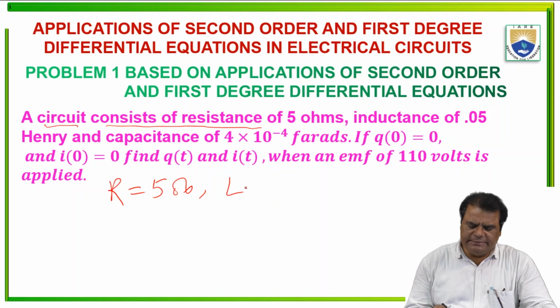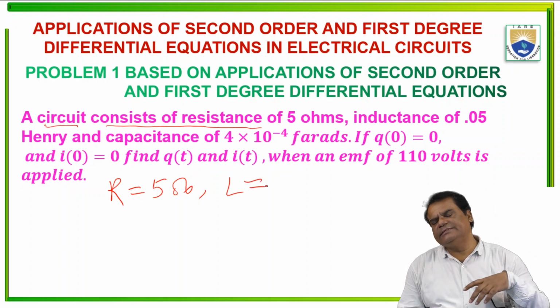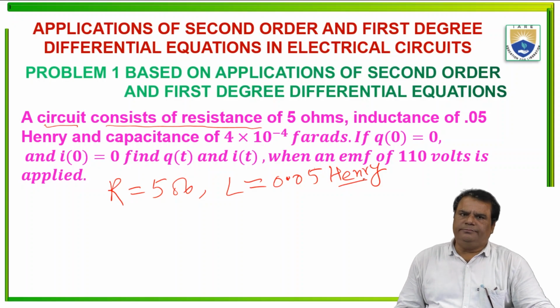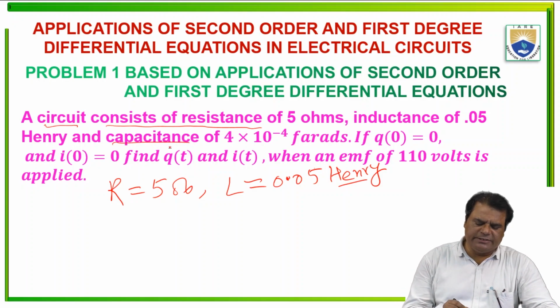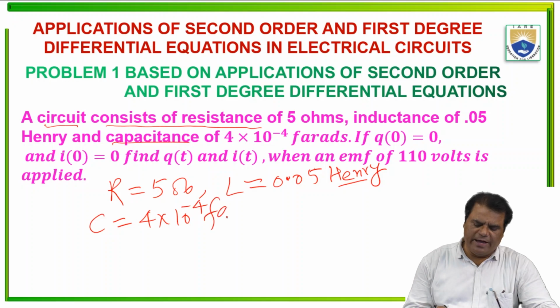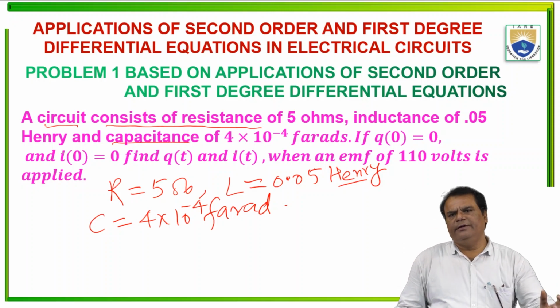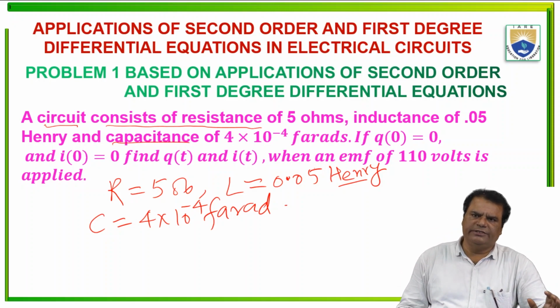The inductance L is also in our circuit, which is 0.05 Henry. At last, the capacitance C is given as 4 multiplied by 10 to the power minus 4 farad. So in our circuit there are three components: resistance, inductance, and capacitance.